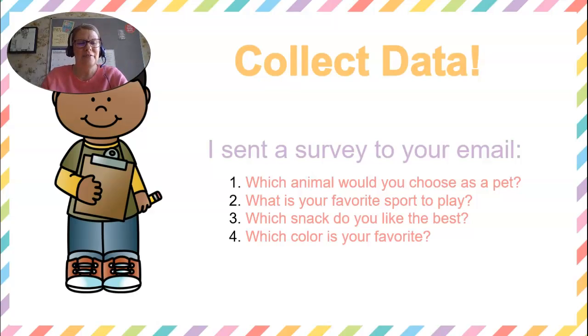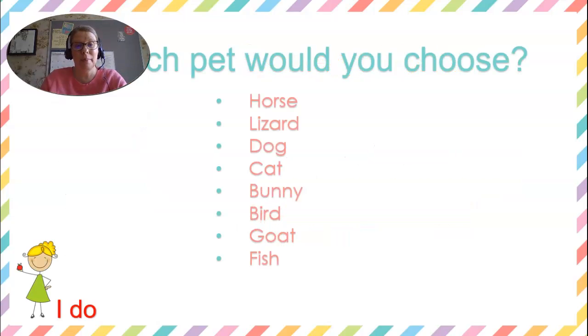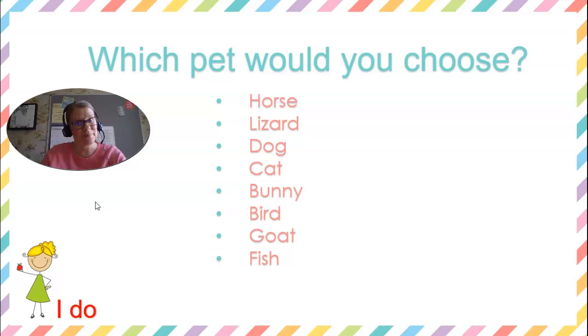All right, so the first question we're going to take a look at today is which pet would you choose if you could pick one? I gave you lots of choices: horse, lizard, dog, cat, bunny, bird, goat, and fish. So lots to choose from. And I'm going to show you what the answers were from you all.